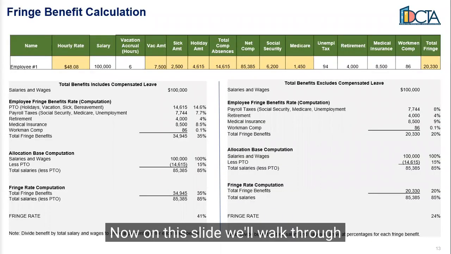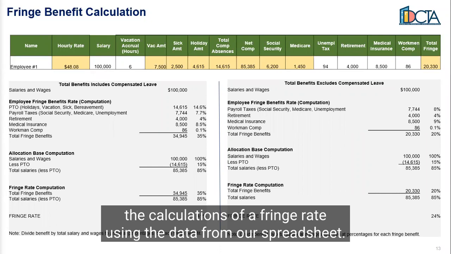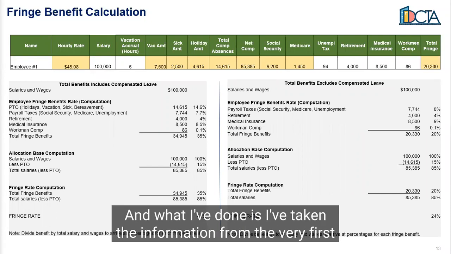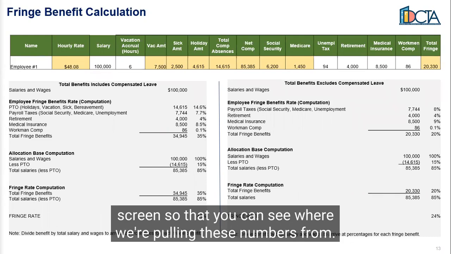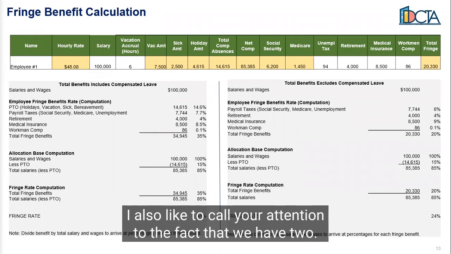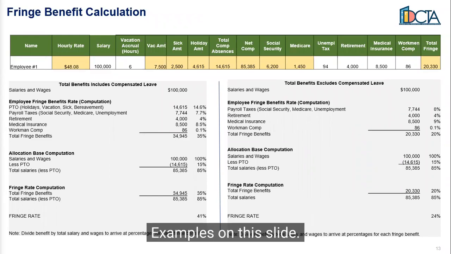So now on this slide, we'll walk through the calculations of a fringe rate using the data from our spreadsheet. And what I've done is I've taken the information from the very first employee, and it appears across the top of your screen so that you can see where we're pulling these numbers from. I'd also like to call your attention to the fact that we have 2 examples on this slide.